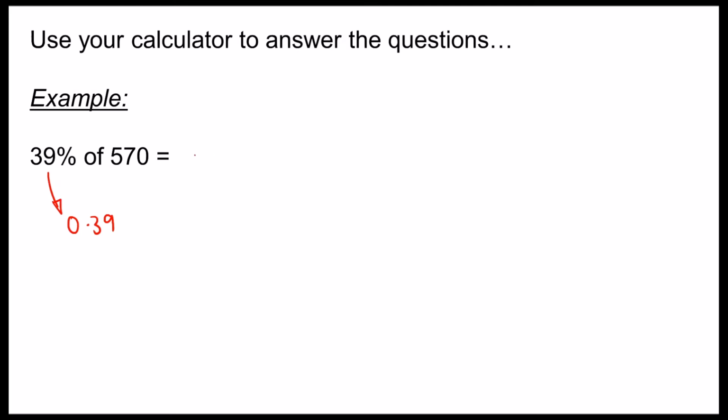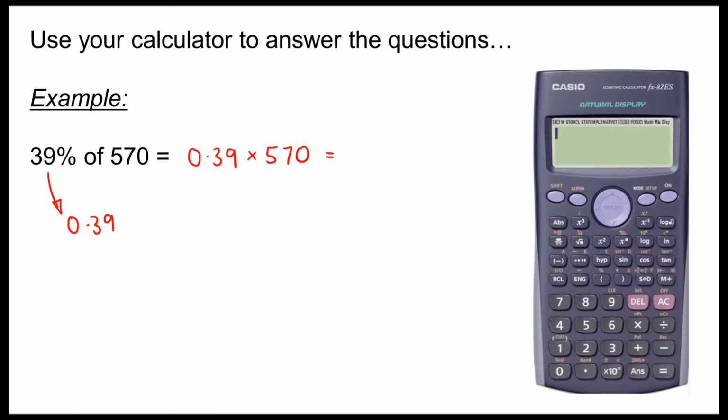I can then say, to work out my answer, I need to do 0.39, that's the multiplier, times by 570, the amount that I want to work out 39% of. I can then use my calculator, type it all in, so 0.39 times by 570, and that will give us our answer. Convert it to a decimal, and I know that 39% of 570 is 222.3.